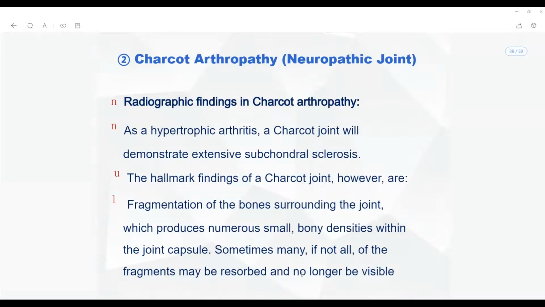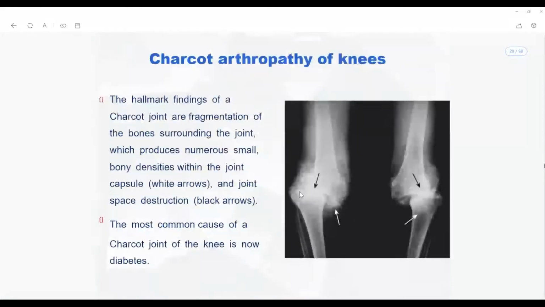You can see here a lot of density, the subchondral sclerosis, down here, and also a lot of densities within the joint. This is the joint, here is the joint capsule, and we can see some increased density and subchondral sclerosis.